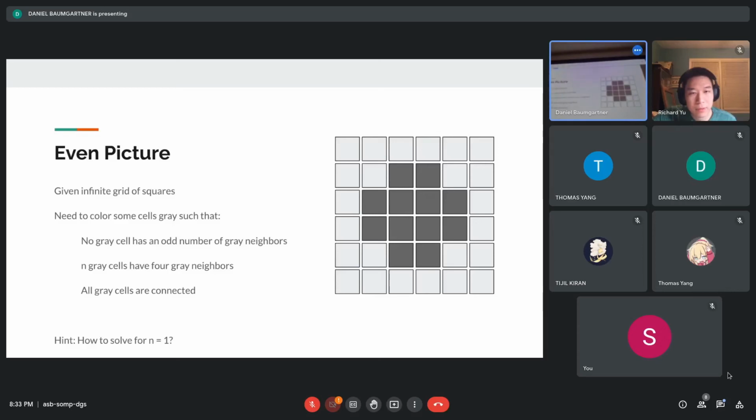Right, so it's setting n equal to 1. You have the infinite grid, and you want exactly one gray cell to have 4 gray neighbors, and then each gray cell will have an even number of gray neighbors. Wait, which color is gray?